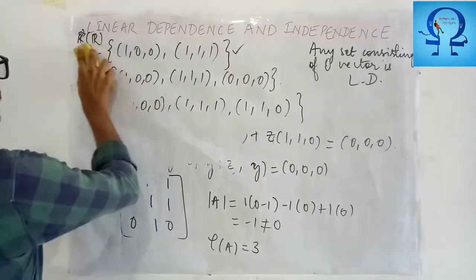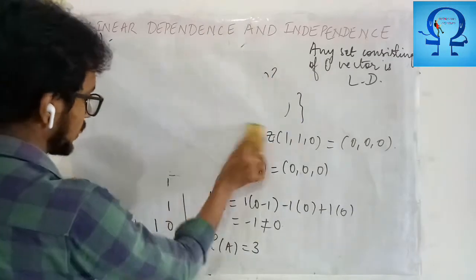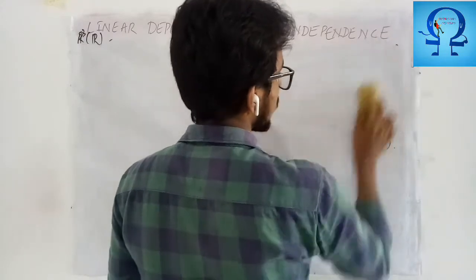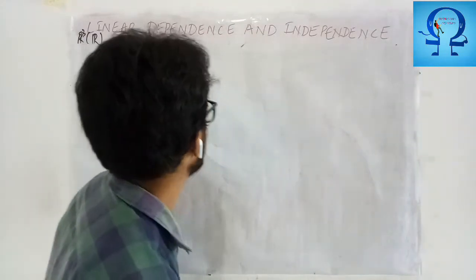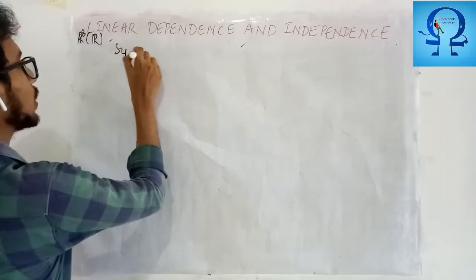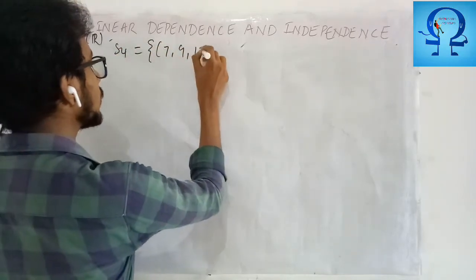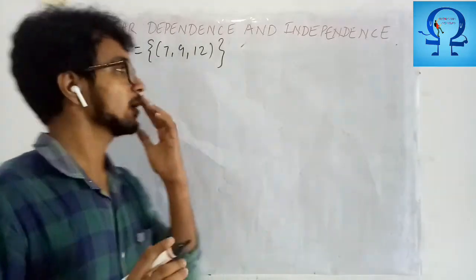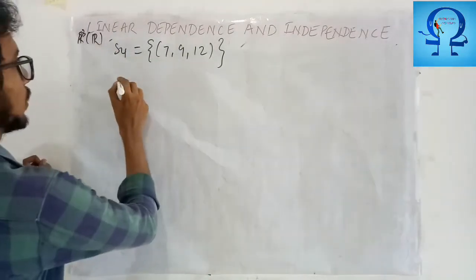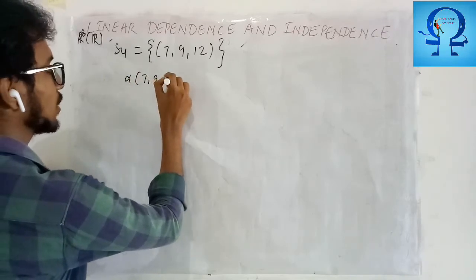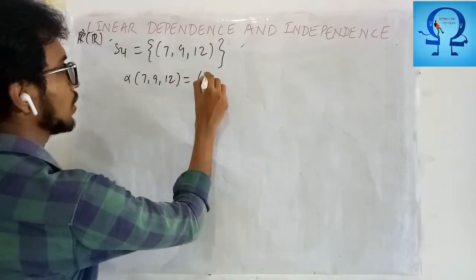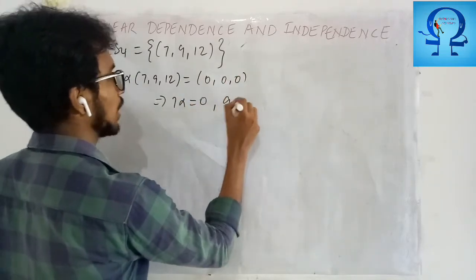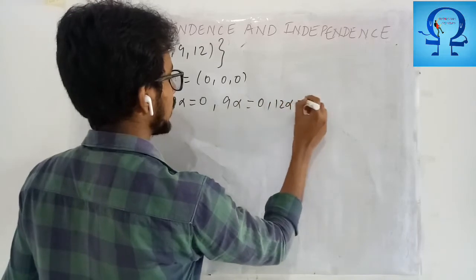Let me take one more example. Let me choose S4 to be 7, 9, 12. This is my set. I will have to check now. So this is simply alpha times 7, 9, 12 equal to 0, 0, 0. So it is what? 7 alpha has to be 0, 9 alpha has to be 0, 12 alpha has to be 0.